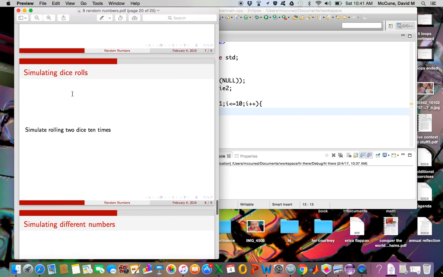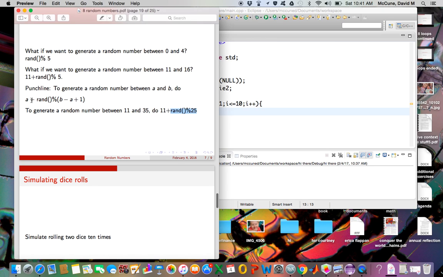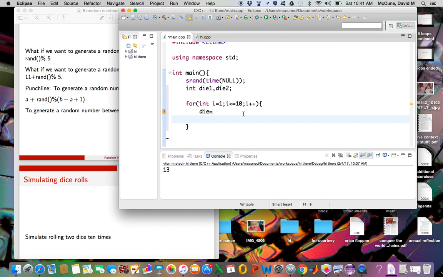So let's go back to our formula here. 6 minus 1, that's 5, plus 1 is 6, and I start at 1. So when I roll die 1, what I'm doing is taking 1 plus rand percent 6. And then die 2 is the same. You're also just choosing a random number between 1 and 6 to roll that die.